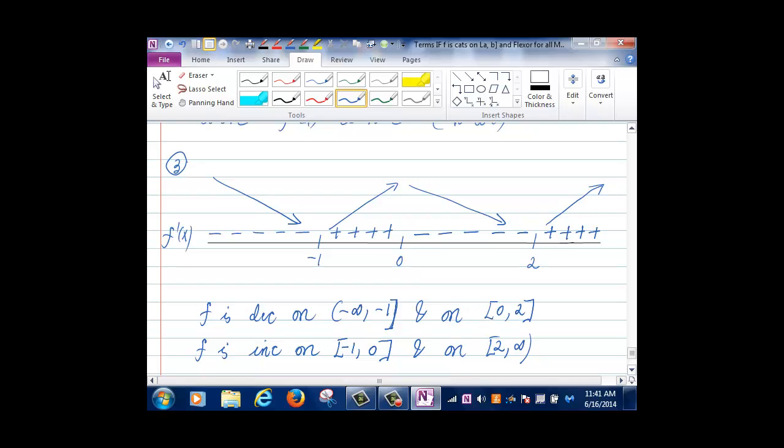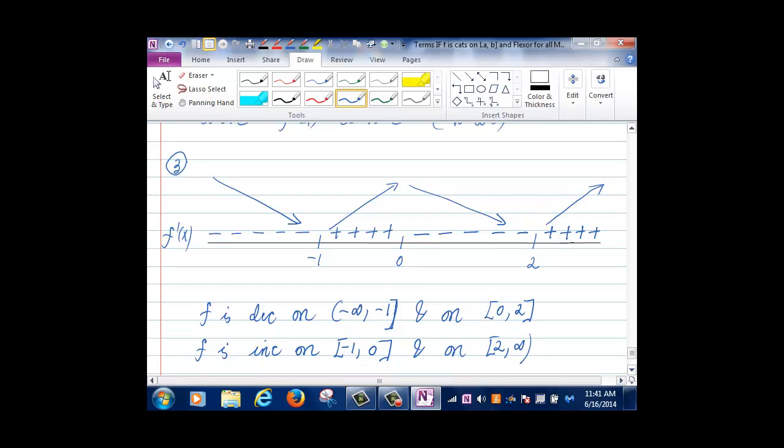At negative 1, do I have a local max or a local min? Local min, right? Because what's happening to the left of negative 1? Decreasing, and then it's increasing, so at negative 1, I have a local min. What's happening at 0? Local max. At 2, local min again, right?